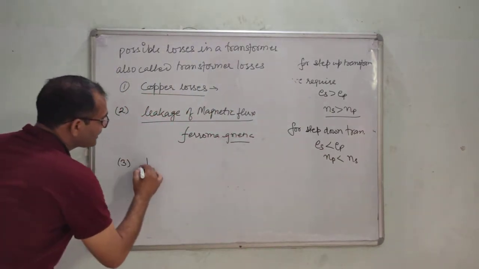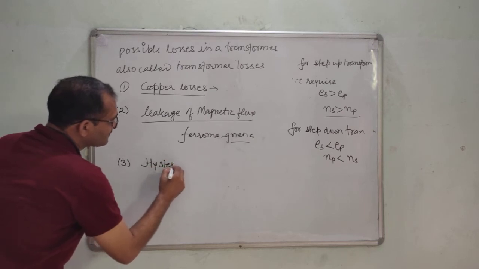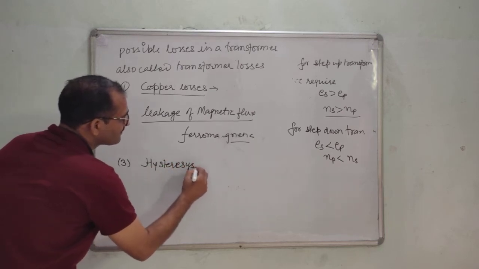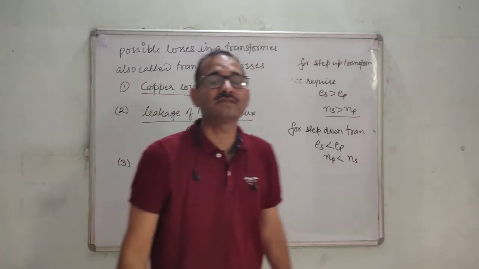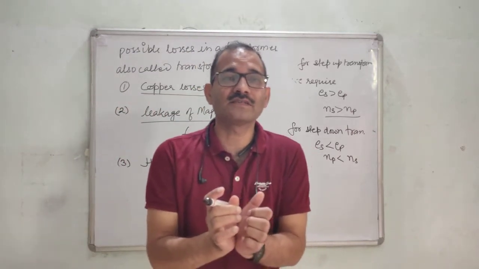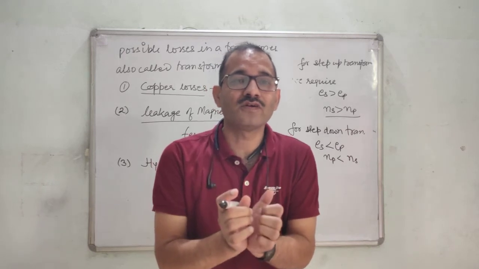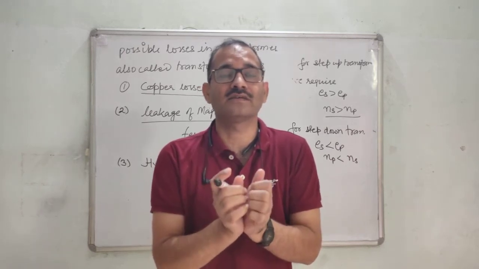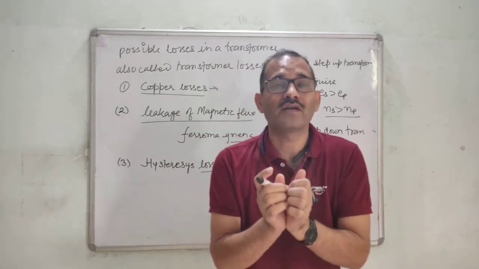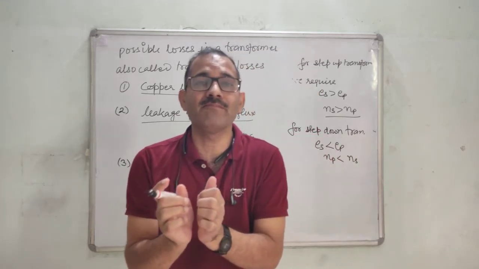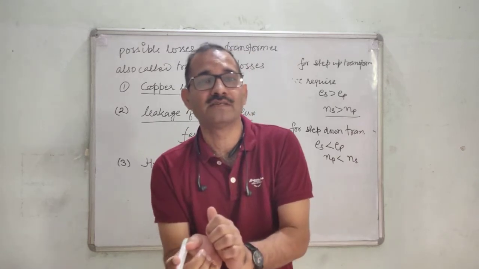Third, hysteresis losses. What do we mean by hysteresis losses? In the transformer, we use alternating current. Therefore, the core, which is made up of a ferromagnetic material, is repeatedly magnetized and demagnetized.